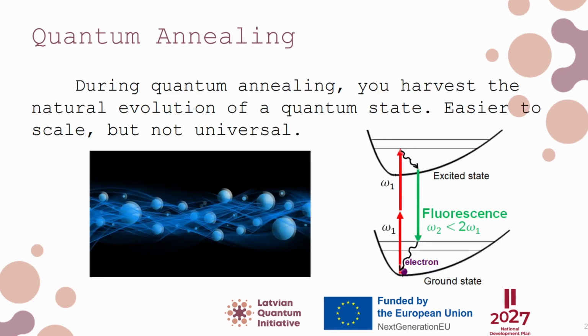This was the first paradigm, and the second paradigm for quantum computers is called quantum annealing. So the idea is that if you prepare your quantum system specifically, it will evolve in a way to try to find the state where it has the lowest energy. It can be described by excited and ground states, but you can think of it like you have some system and it tries to relax in the state where it has the lowest energy.